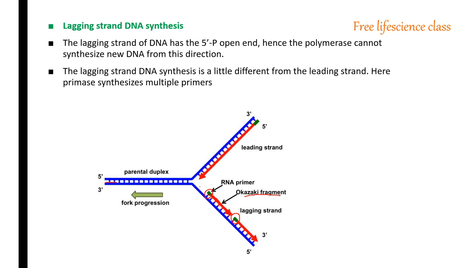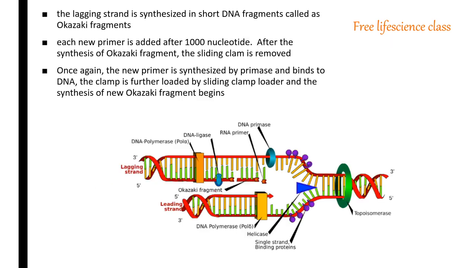After synthesizing Okazaki fragments, DNA ligase enzyme comes and joins these gaps. So in lagging strand we can see multiple primers. In leading strand there is only one RNA primer. In lagging strand there are multiple RNA primers. So in lagging strand the DNA is synthesized in short stretches, that is short DNA fragments called Okazaki fragments.